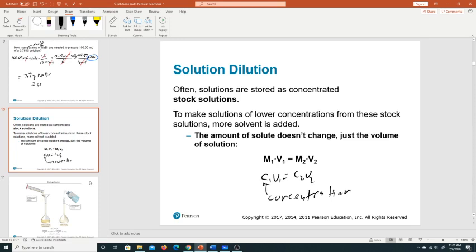So if you're working with a different concentration unit, like parts per million or molality or weight percent, C just means a general concentration unit. I'm using M here for molarity because that's what the author of your textbook uses, but it doesn't make any difference. The 1s represent the original concentration, the original volume, and the 2s represent the final, after dilution.